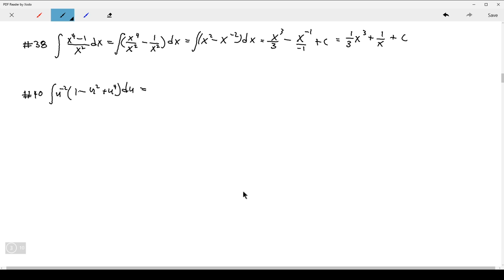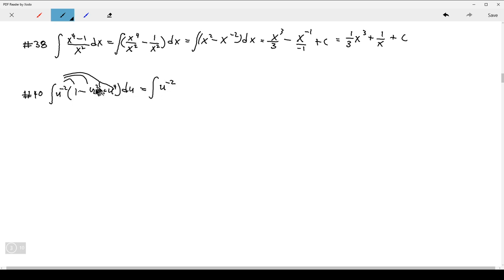Again, I don't have a rule that allows me to take the antiderivative of the product of two functions. So I have to multiply that out, which means in this case I need to distribute this. U to the negative 2 times 1 is u to the negative 2.